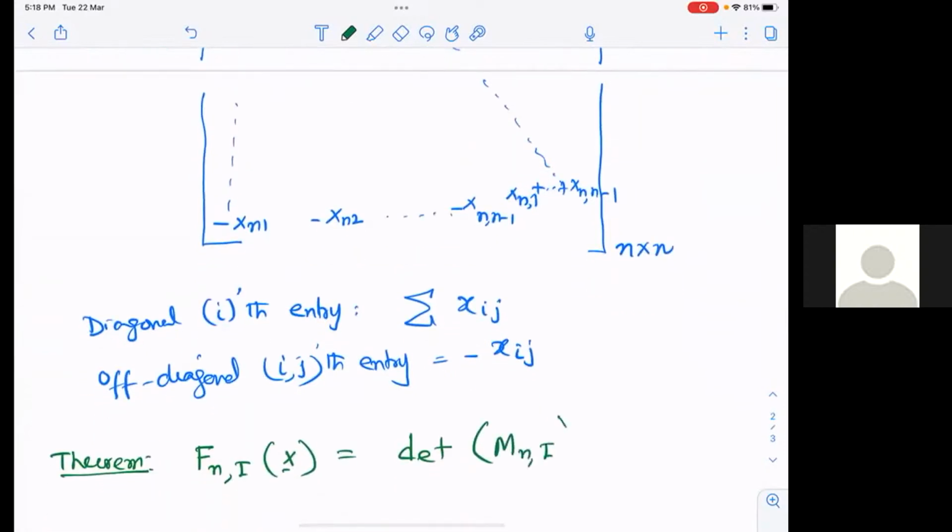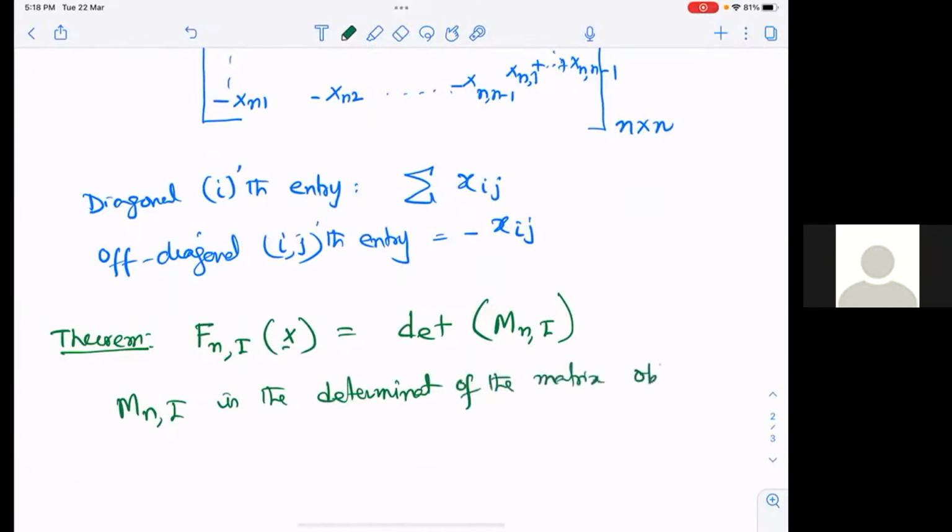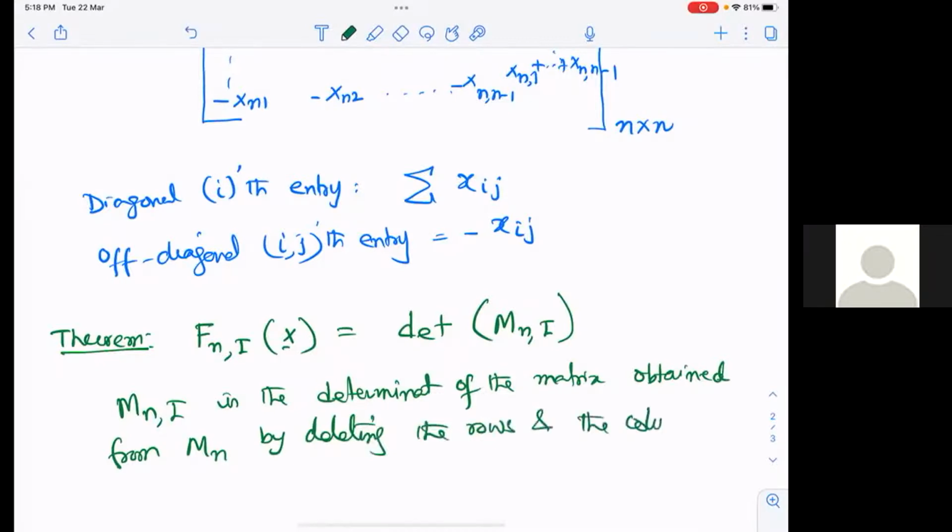M_n,i. What is M_n,i? It is the determinant of the matrix obtained from M_n by deleting the rows and the columns corresponding to i.